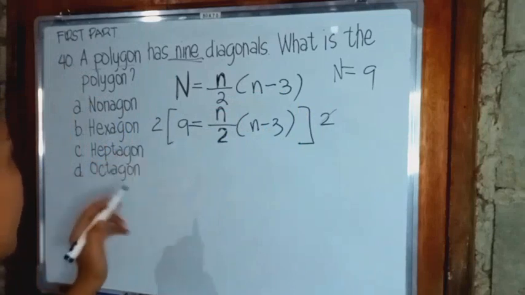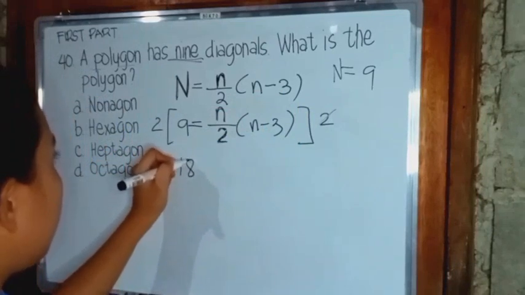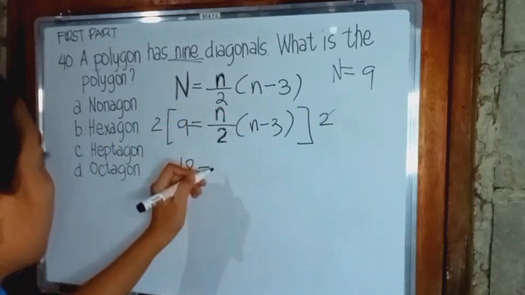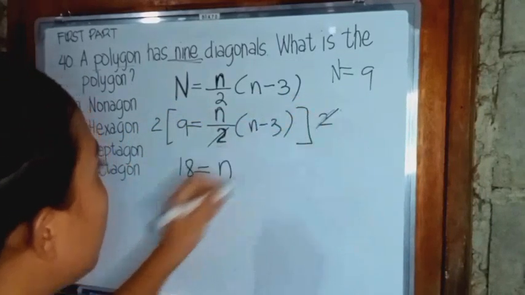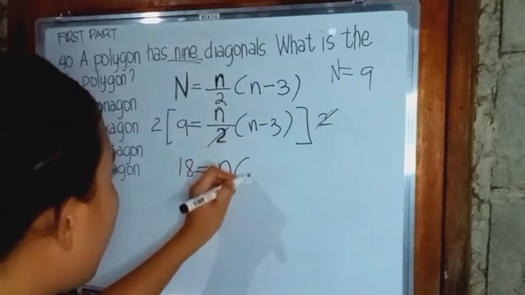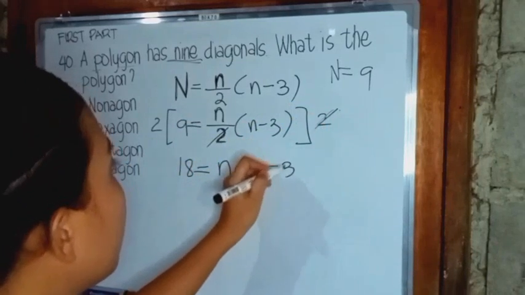So 2 times 9 is 18. So this is only n, because we already cancelled out the 2, times n minus 3.